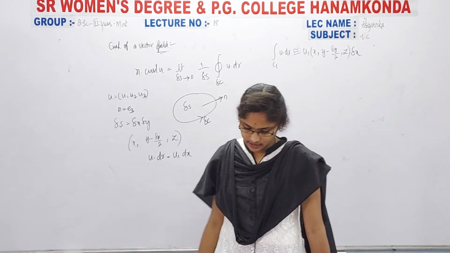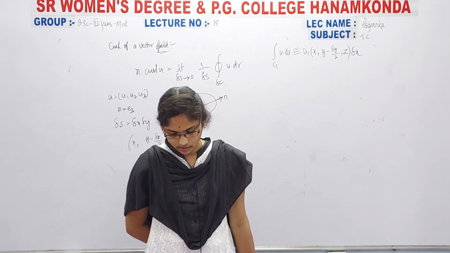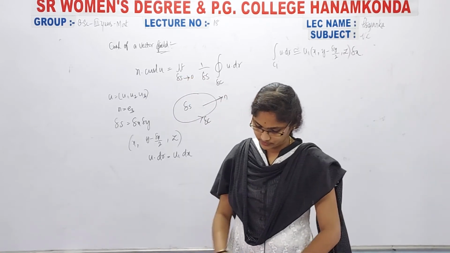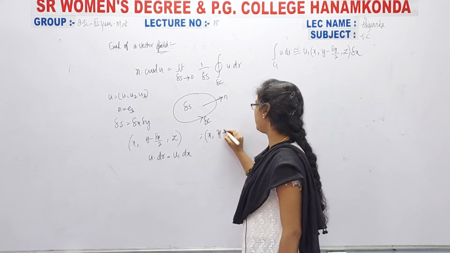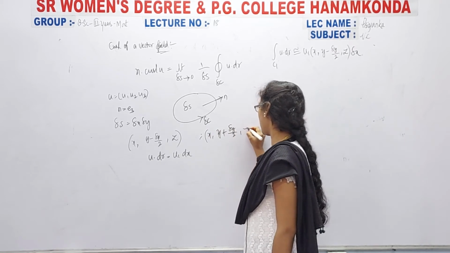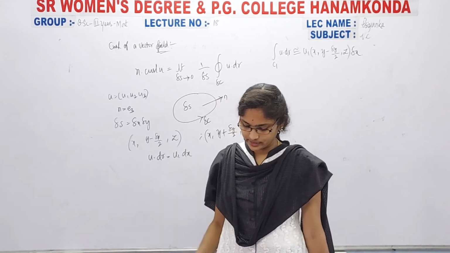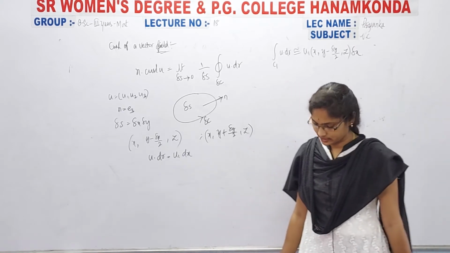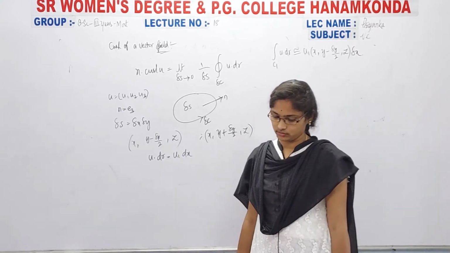Now write down, similarly on another curve C2, at the point x comma y plus delta y by 2 comma z, the integral is directed in the negative direction.